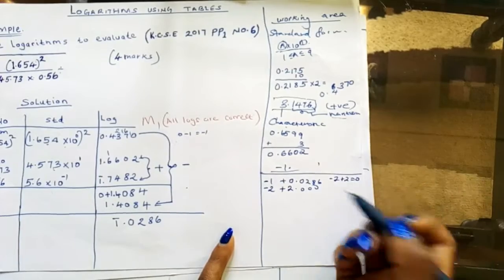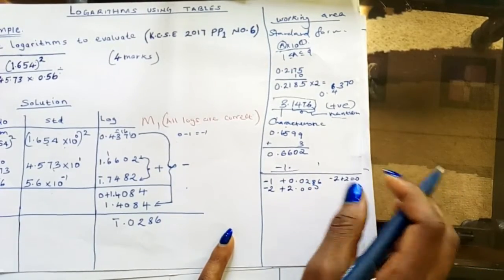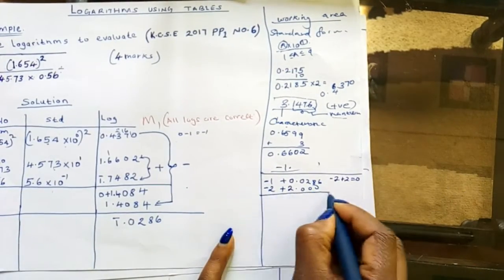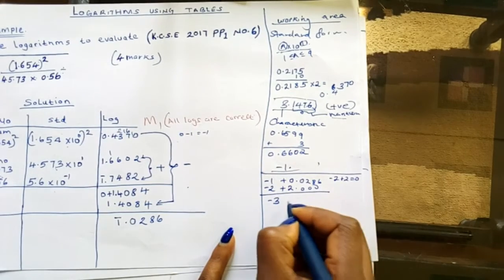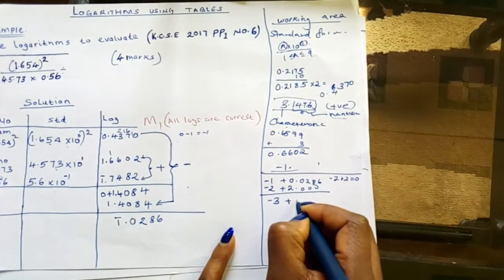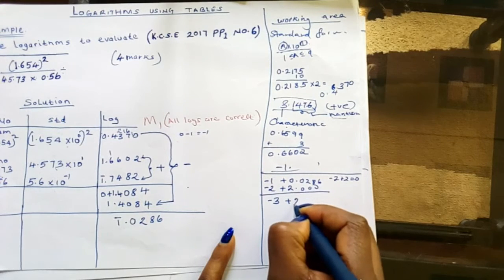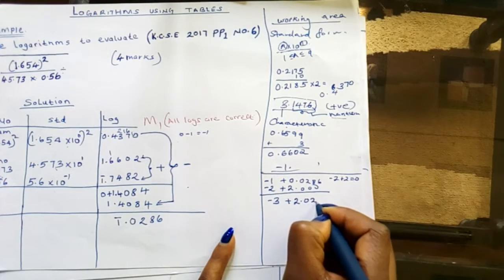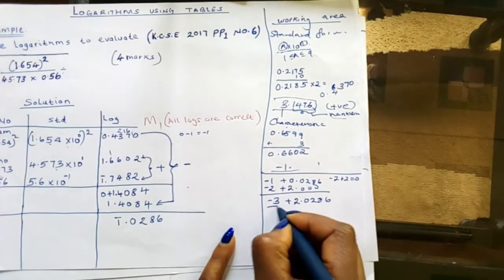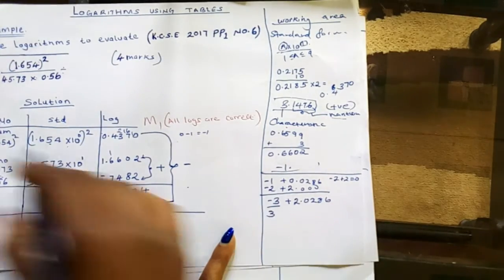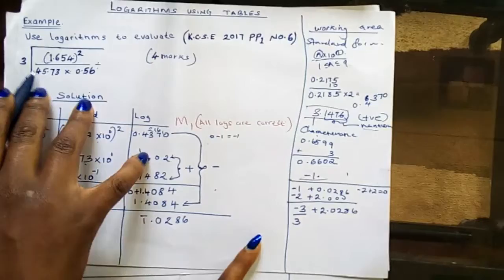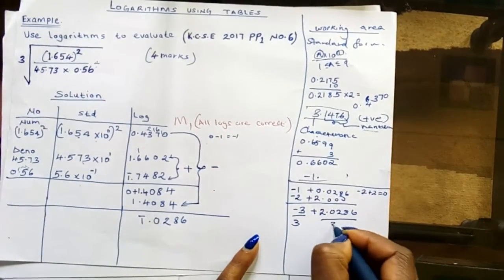It's like we have added 0 to our log. So we shall have -3 plus the mantissa, which I'm writing as positive because the mantissa is always positive. Then we divide by 3, the root, separately.